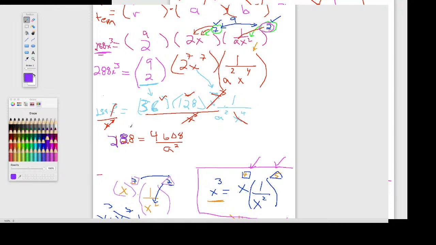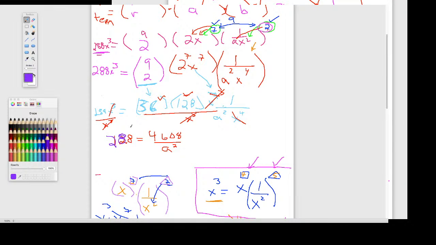And now what you guys should do is try to isolate for a squared. So if you isolate for a squared, you're going to cross multiply a squared up top. I'm going to put this up here beside the 288. And then I'm also going to divide out the 288 so that a squared is alone.